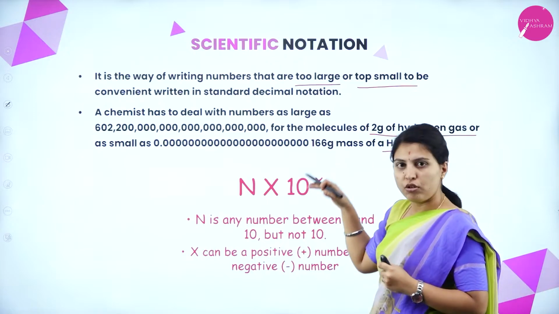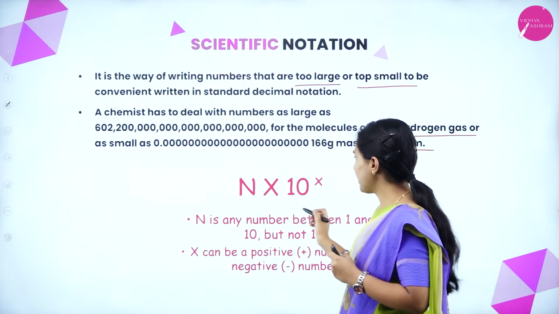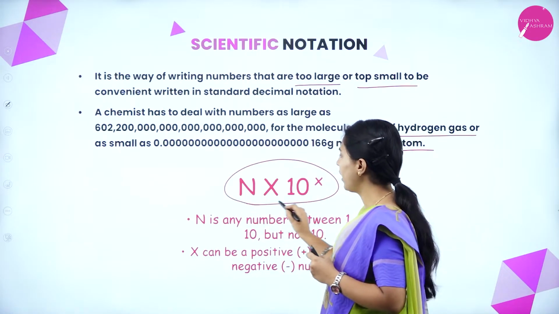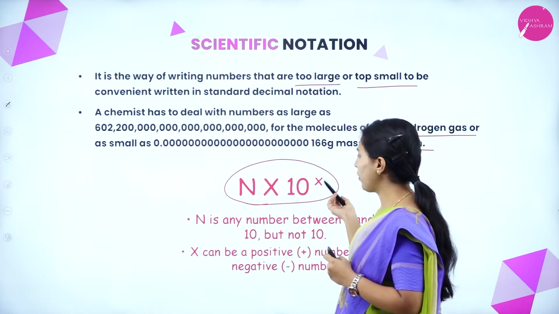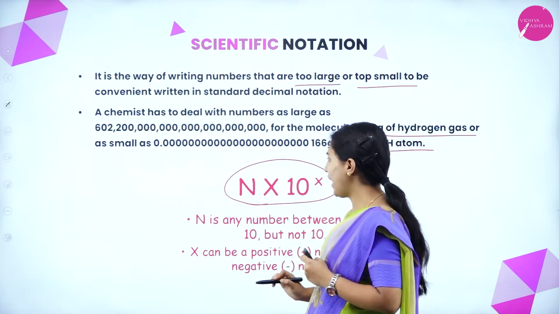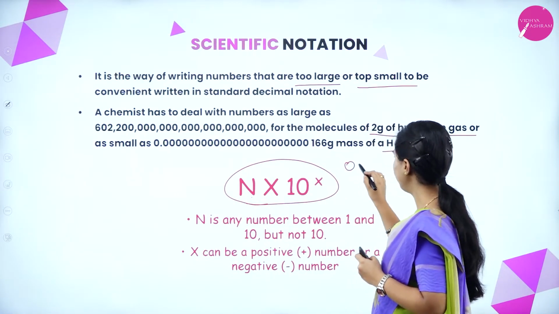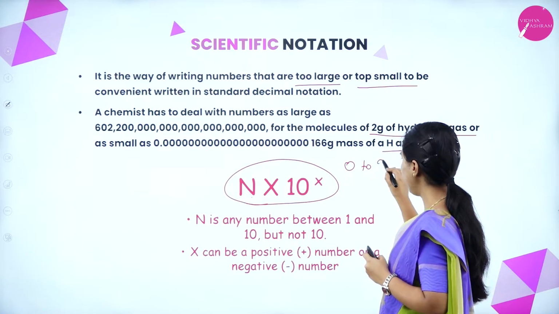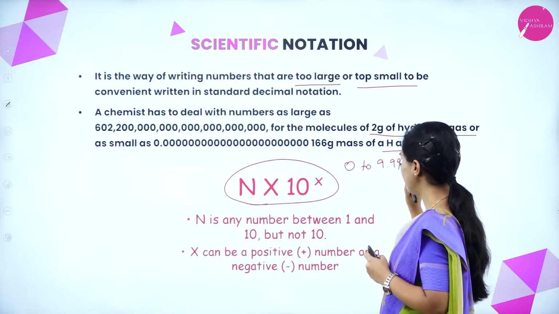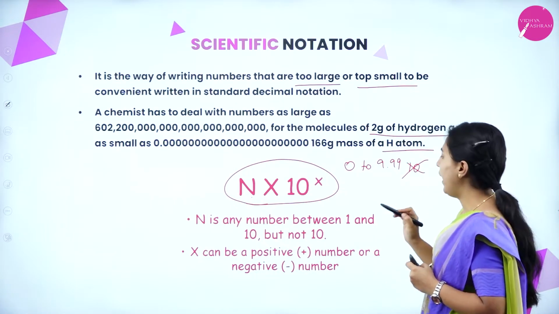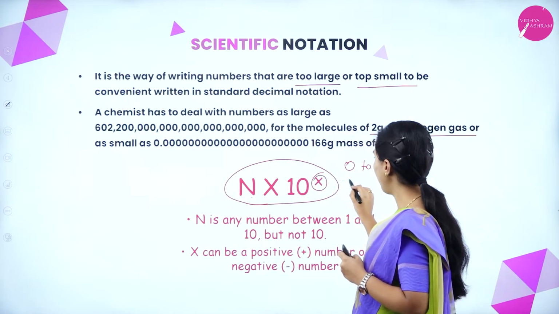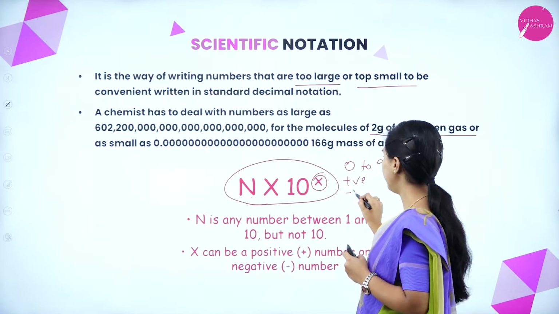That time, so many scientists proposed the scientific notation, N into 10 to the power of x. This N can be from 0 to 9.99 but not 10. And this x can be positive or negative.